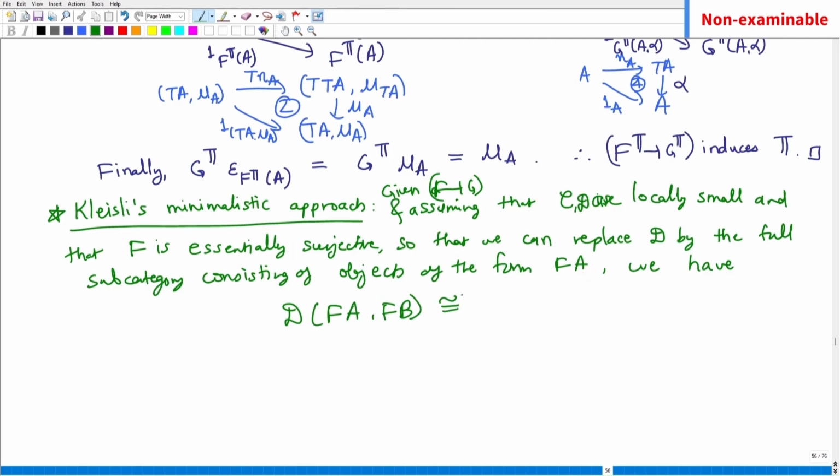That this hom set should be in bijection with C of A comma GFB. GFB is nothing but TB. Okay, so this observation is the crucial thing.